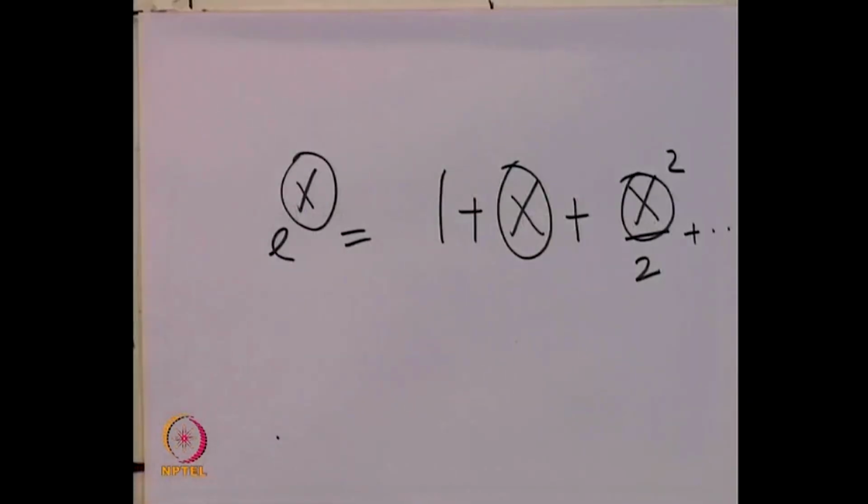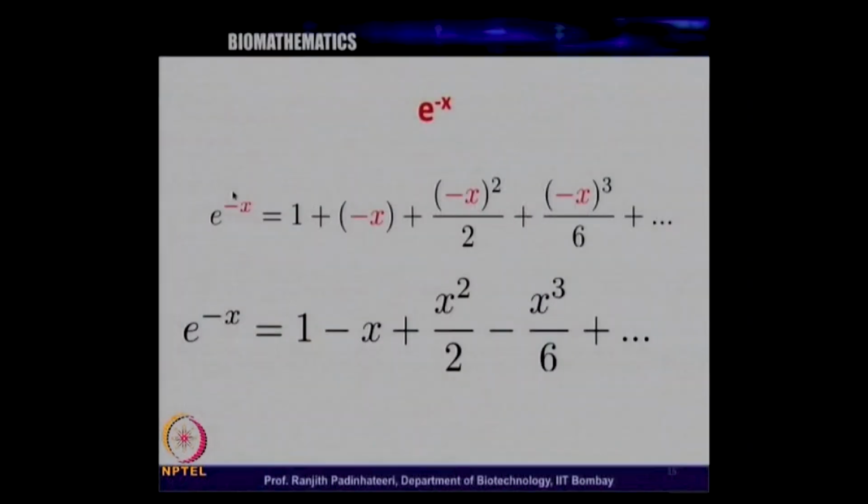What is shown here in red is that wherever there was x, I put minus x there: 1 plus minus x plus minus x whole square plus minus x whole cube and so on and so forth. Now 1 plus minus x is 1 minus x, minus x square is plus x square by 2, minus x cube is minus x cube by 6.